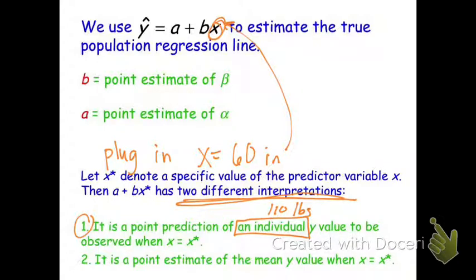The second interpretation is that the average for all 60-inch tall women weigh 110. So it's a prediction for the masses, and it's a prediction for that one individual person, because it's the only number that we can really use to predict. So for one person and the average for all people. Those are the two interpretations.